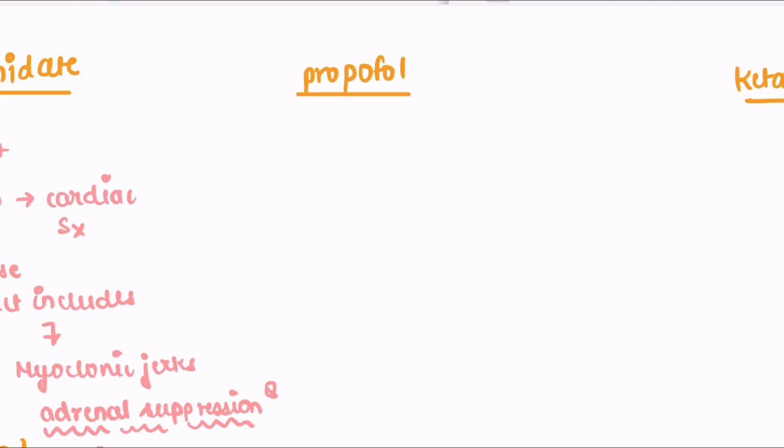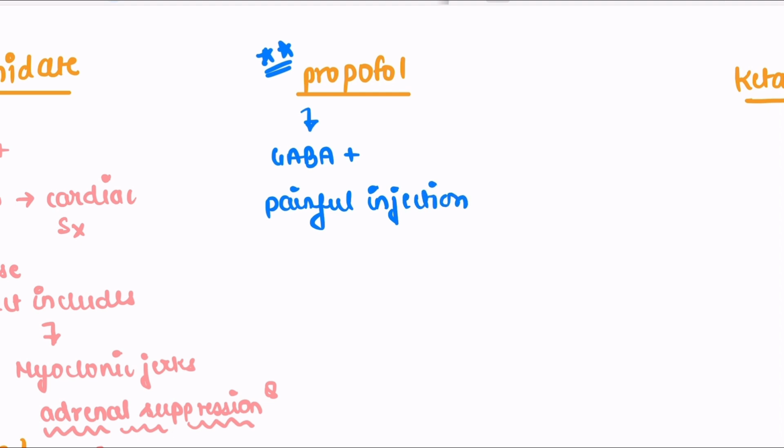The next drug is propofol. Overall, the most commonly asked drug is propofol. Propofol stimulates GABA. It is painful on injecting. It is avoided in egg allergy.